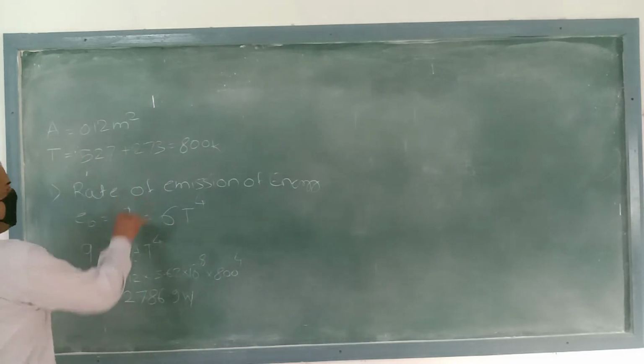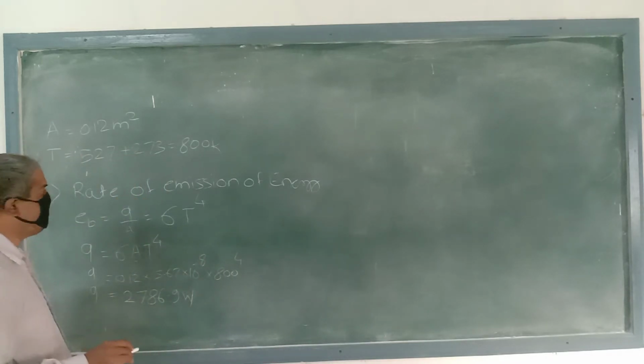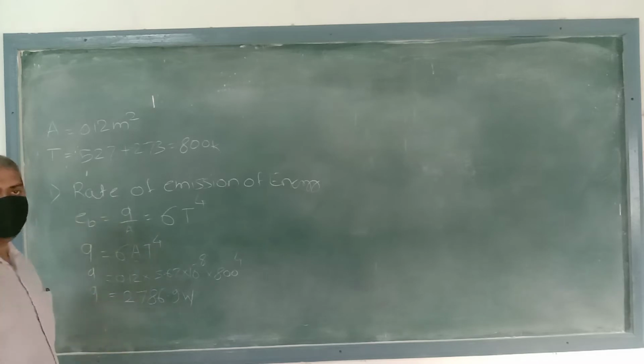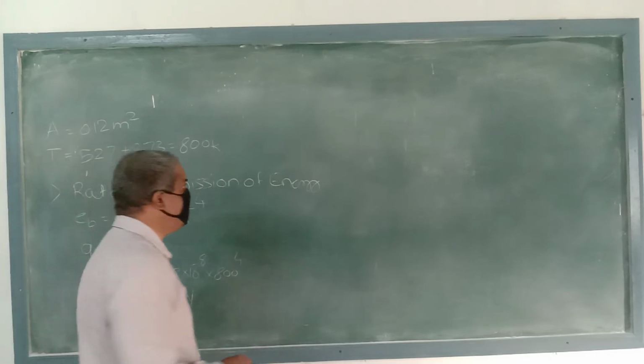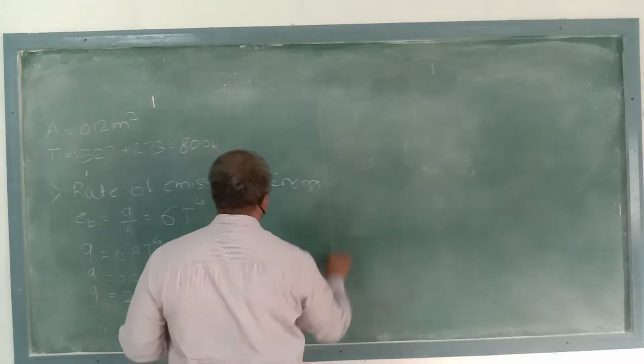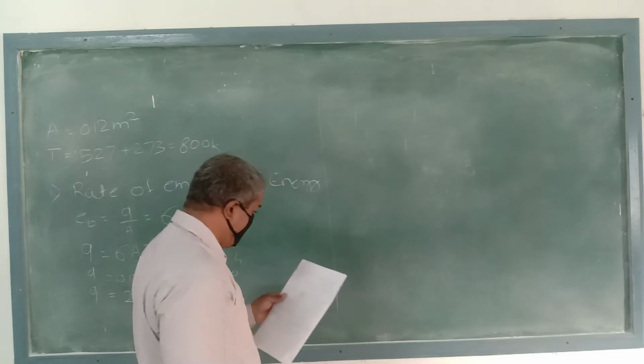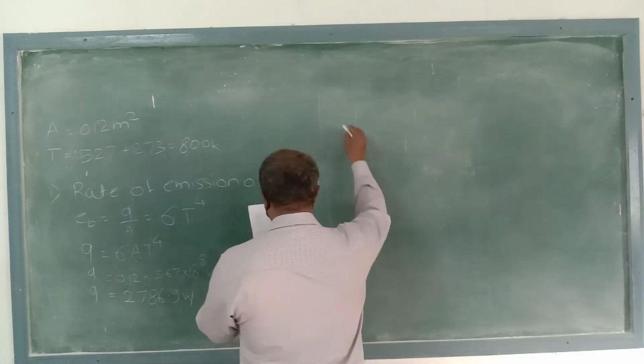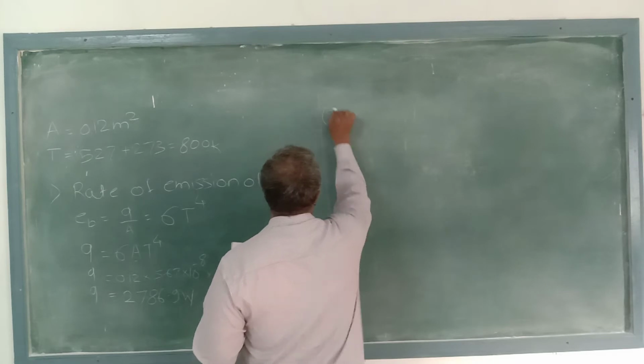As we are finding the rate of emission of energy, we assumed that the effective temperature means the equivalent temperature of the black surface, and as per that we have calculated the rate of emission of energy. Now second, they are asking you the intensity in normal direction.